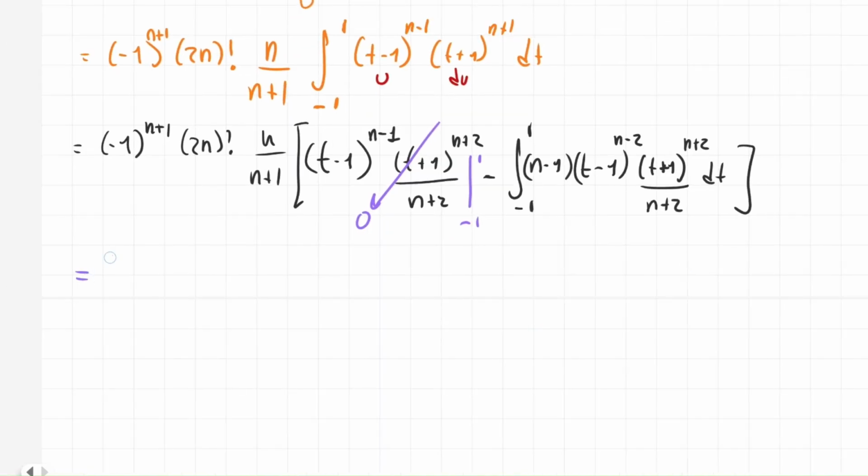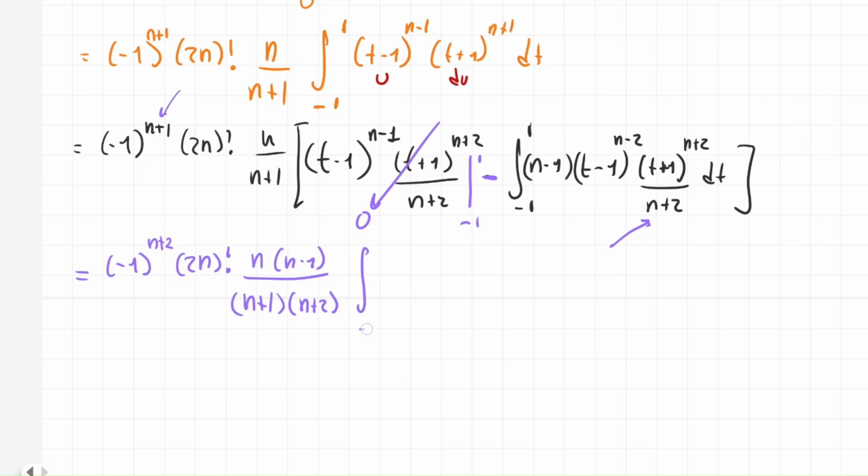So this will be minus 1 to the n plus 2, right? Because with this minus, we can increase the exponent of this minus 1 to get 2n factorial, then n times n minus 1 divided by n plus 1 times n plus 2 by this element.